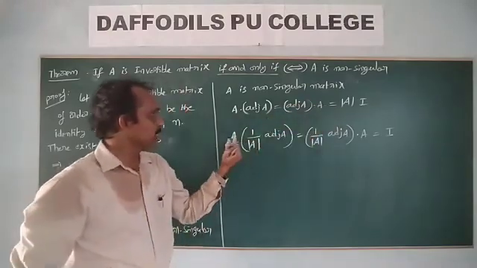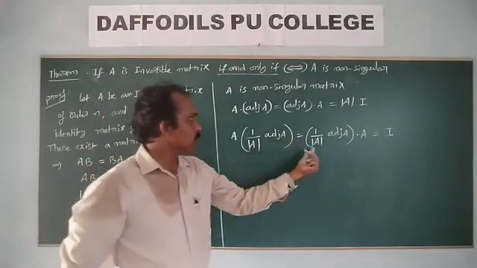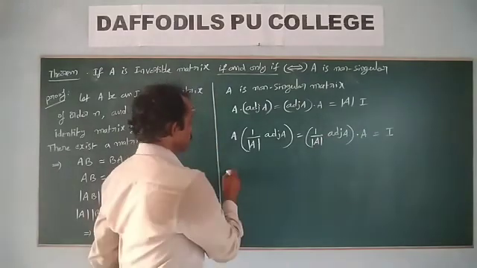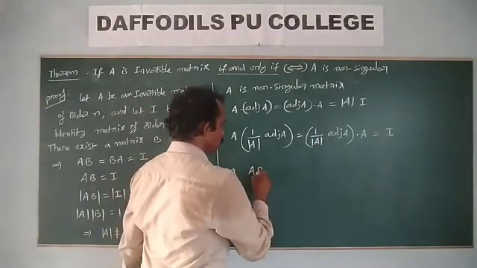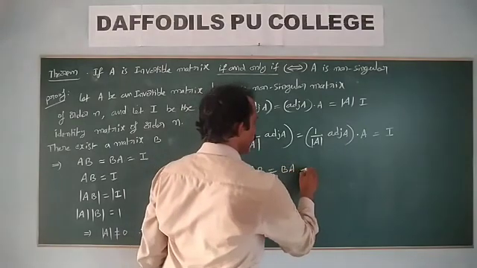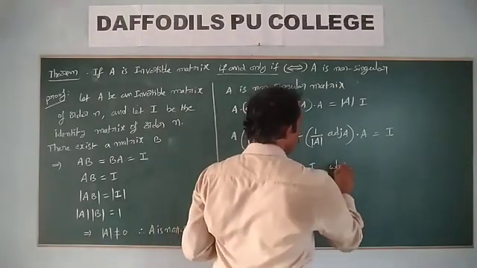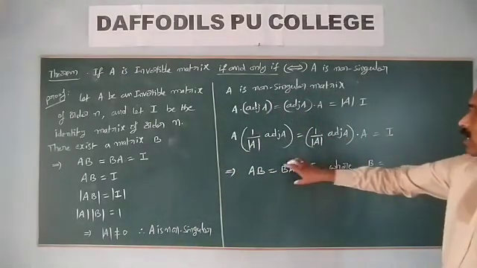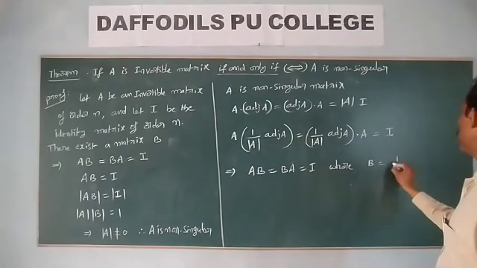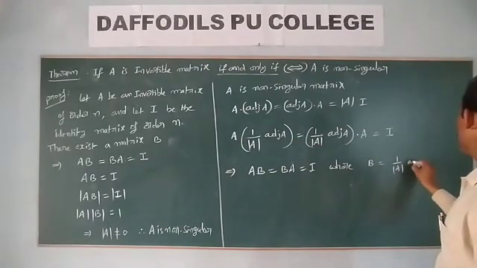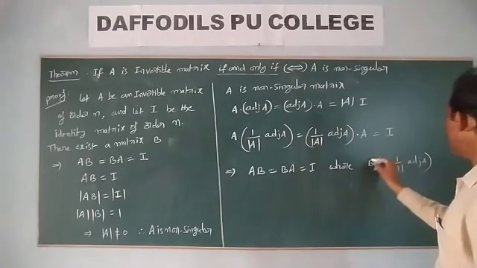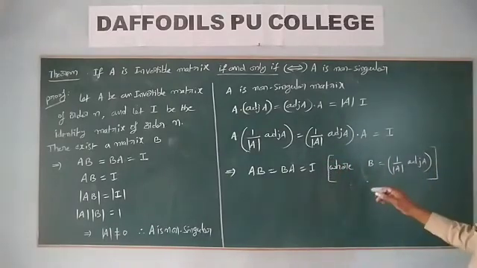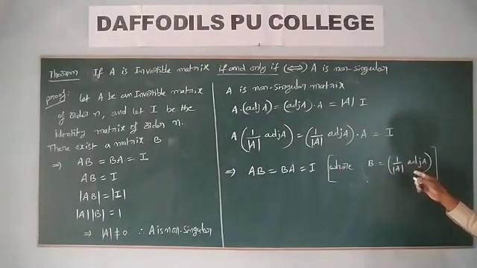So take det A to this side: A into 1 by det A of adjoint A is equal to 1 by det A adjoint A into A is equal to I. This implies AB is equal to BA is equal to I, where we consider B is equal to 1 by det A into adjoint A.